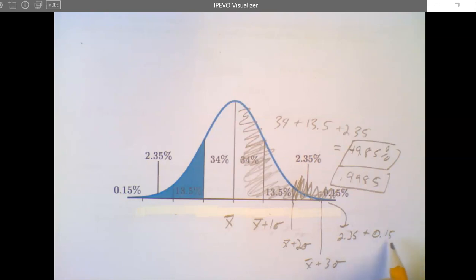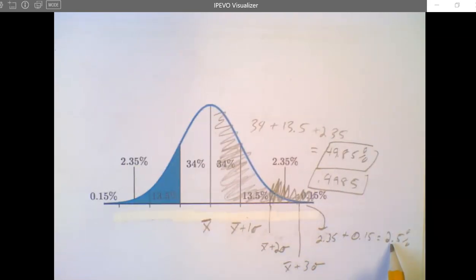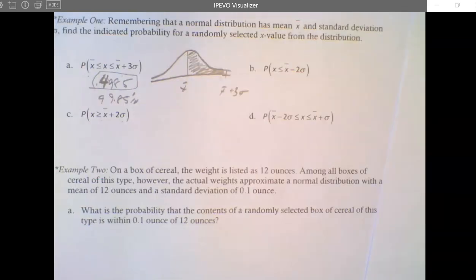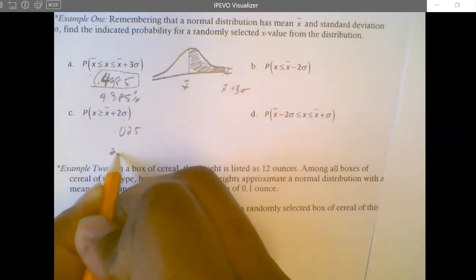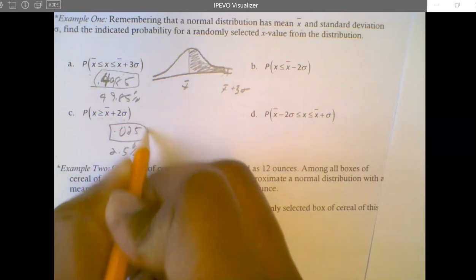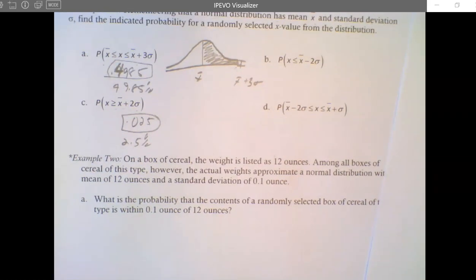That would give you 2.5%. And as a decimal, 2.5% is 0.025. So the probability is 0.025 or 2.5%. All right, so that's what that is.